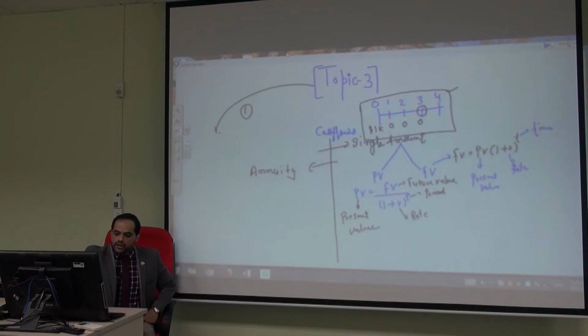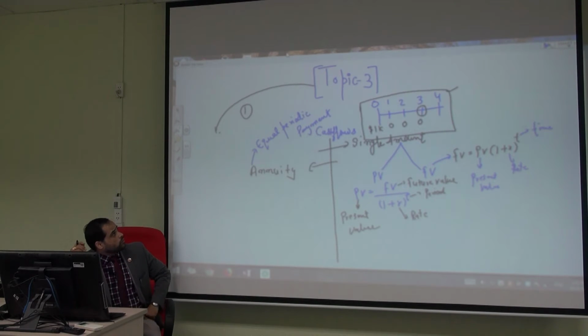Annuity means equal periodic payment. Equal periodic payment is called annuity. Alright? So here we have two different formulas or calculations of annuity. First one is ordinary annuity, and second one is annuity due.